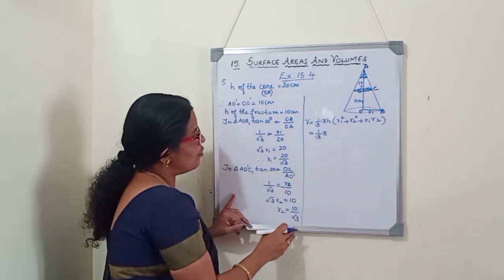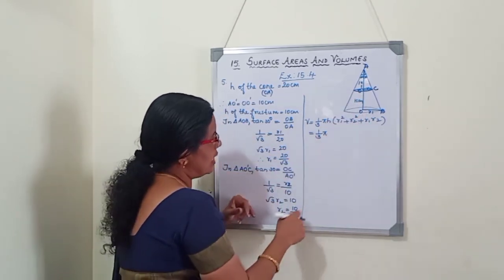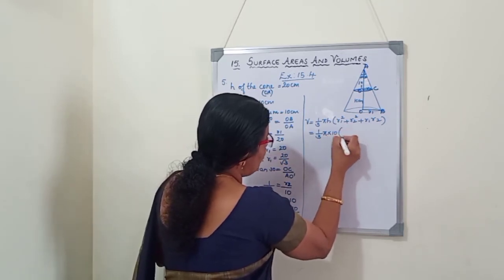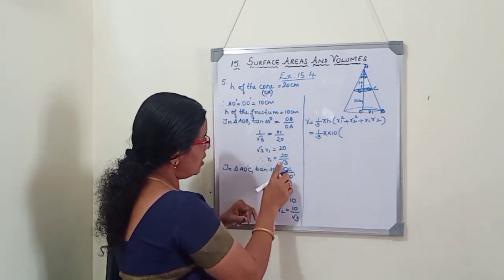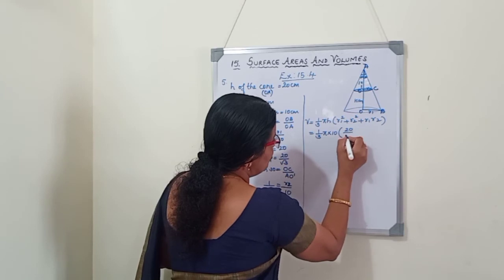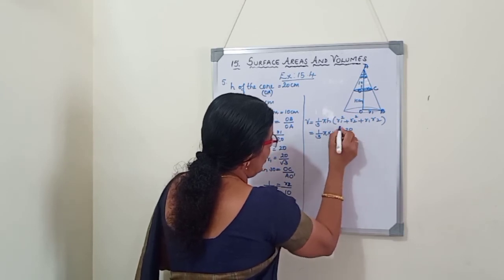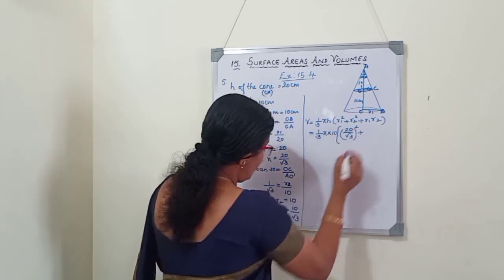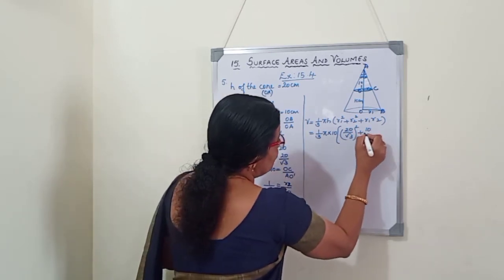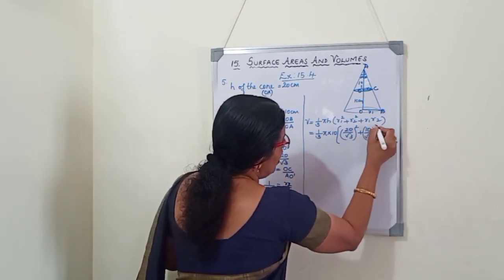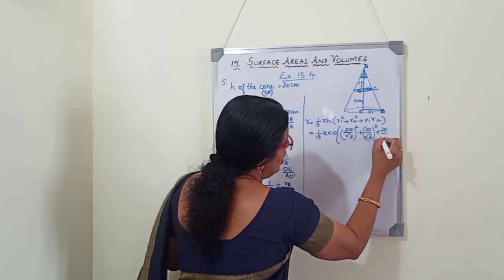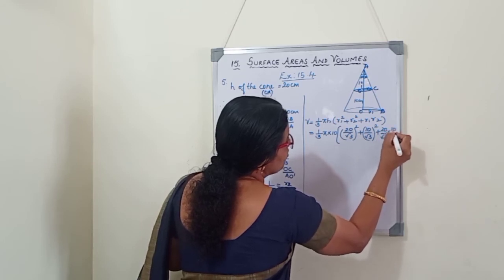Height of the frustum is 10, so into 10. R1 is 20 by root 3, so 20 by root 3 the whole square plus R2 is 10 by root 3 the whole square. R1 R2 is 20 by root 3 into 10 by root 3.